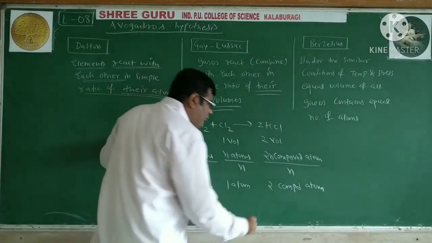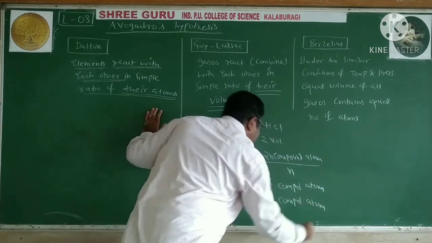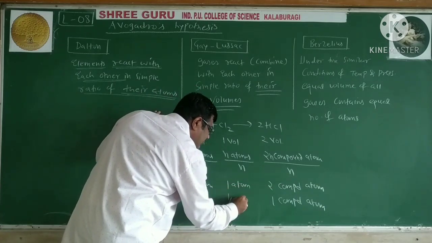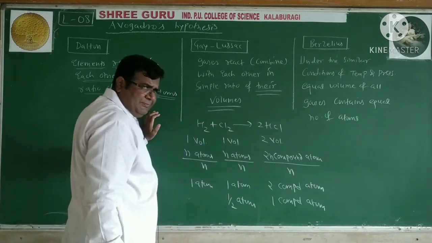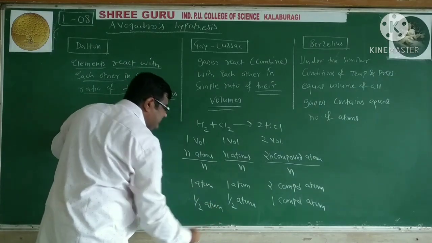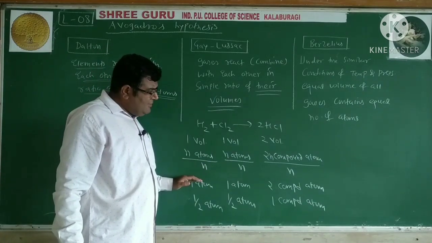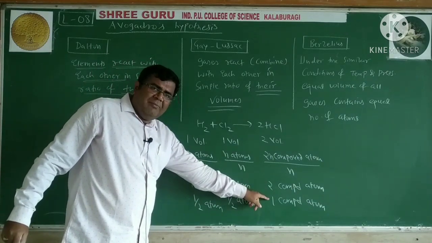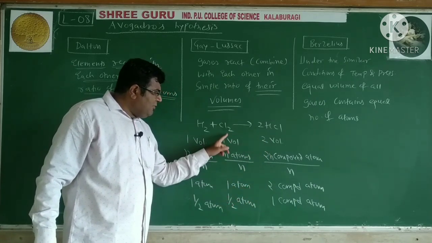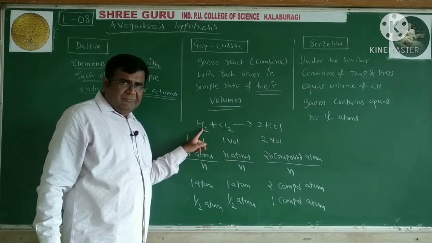If we want to have 1 compound atom, divided by 2, it will be half atom. So what is the meaning of this? Meaning is 1 compound atom of HCl is formed by combination of half atom of chlorine and half atom of hydrogen.